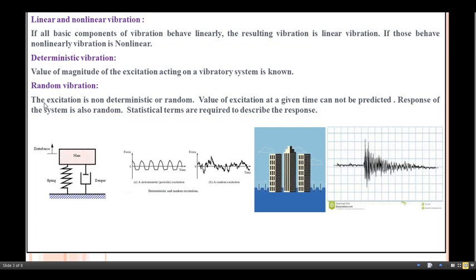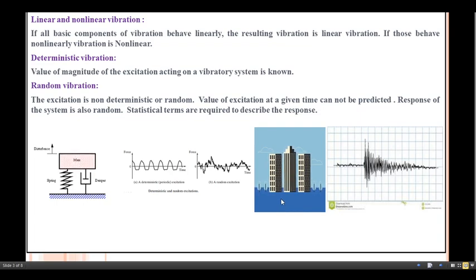What about random vibration? The excitation is non-deterministic or random. The value of excitation at a given time cannot be predicted. The response of the system is also random. Statistical terms are required to describe the response. If you take the example of an earthquake, the force comes from the bottom of the earth and passes over other systems, for example buildings.